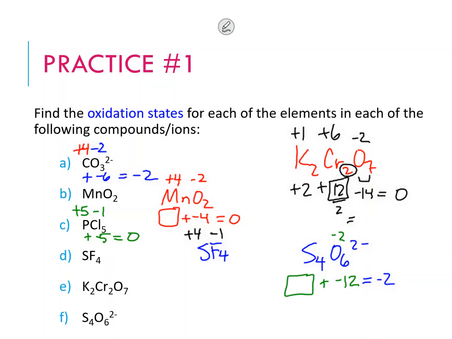Yes, so this has to be a plus 10, right? But there's 4 of them, so we need to turn it into a fraction. So each one is worth what? 5/2. Plus 5/2. Very good. Interesting one there. So yes, you can have fractional ones. Not very frequently will you have a fractional one, but it is a possibility. Because remember, this is really just a record-keeping system.